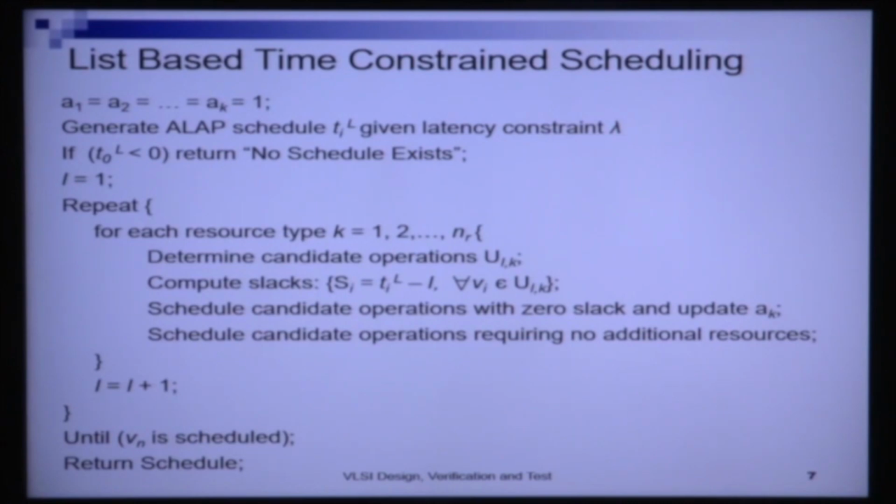Again we schedule operations with 0 slack and update AK, and then again schedule operations requiring no additional resources. This continues until all operations have been scheduled in the graph. So, this is the list scheduling based heuristic strategy for time constrained scheduling. With this, we come to the end of module 2 of lecture 5.